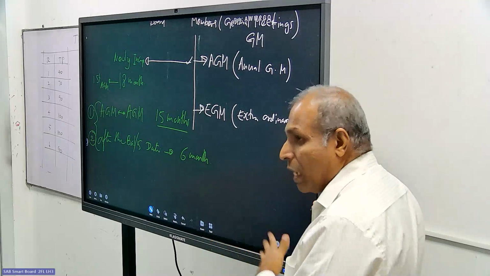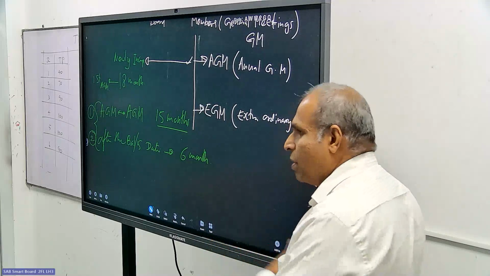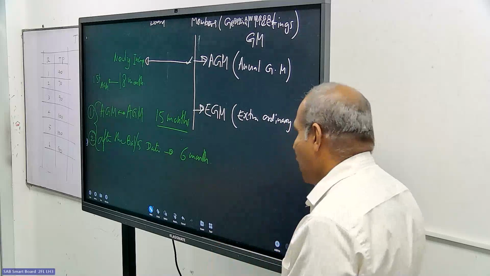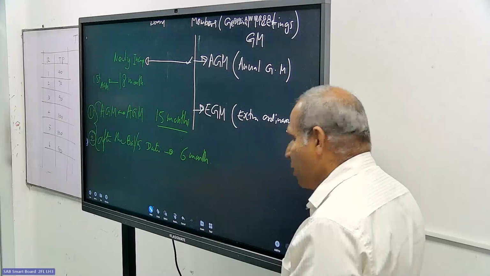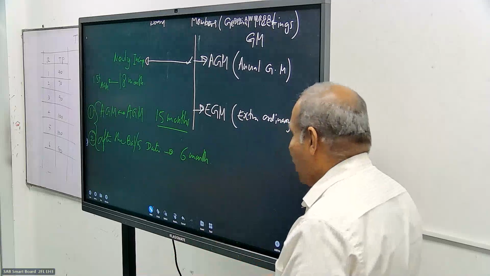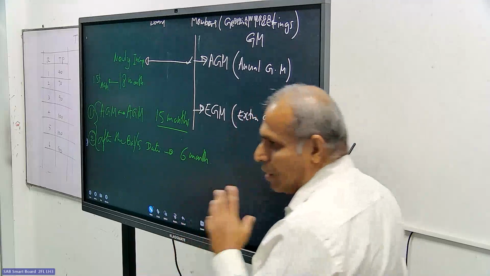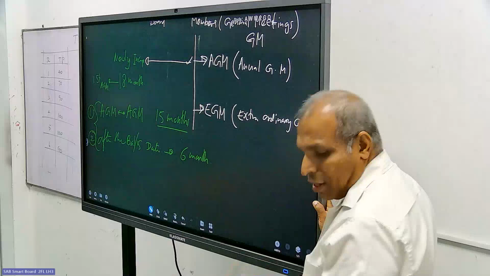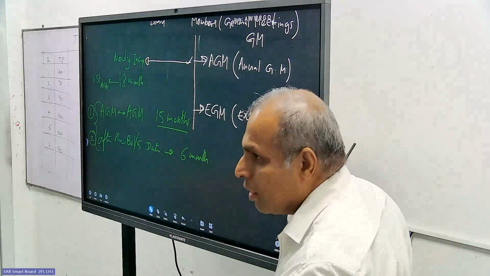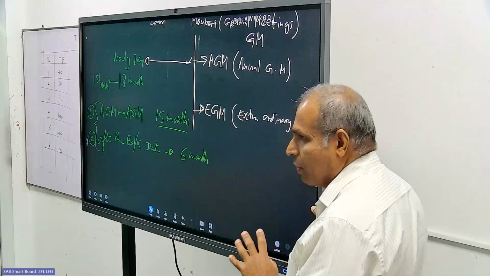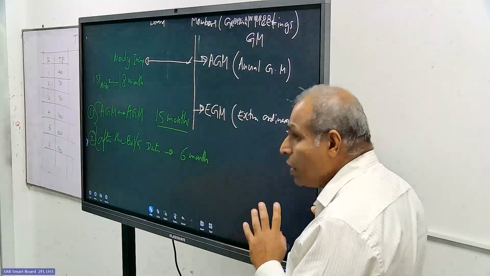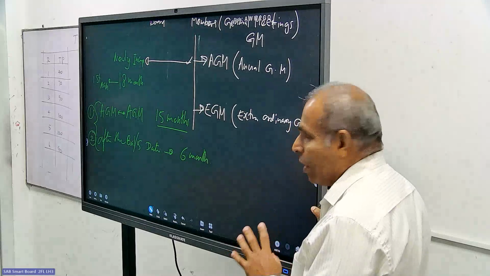Not later than 6 months after the balance sheet date. So the company must hold its AGM. This is a compulsory meeting. In each calendar year, the company must hold an AGM, annual general meeting.